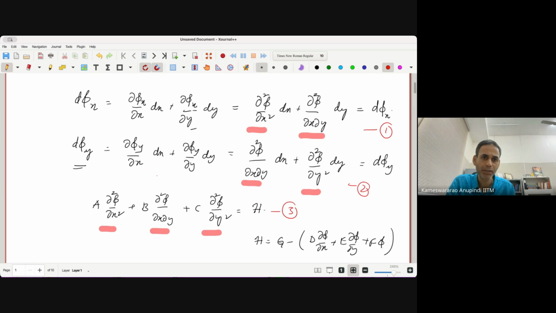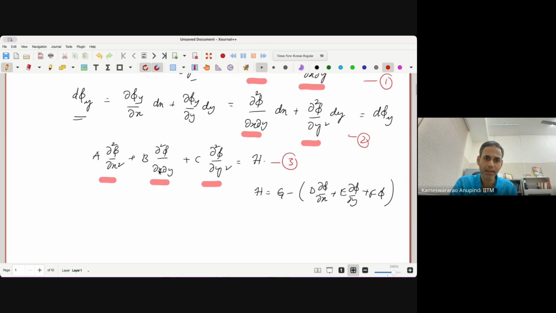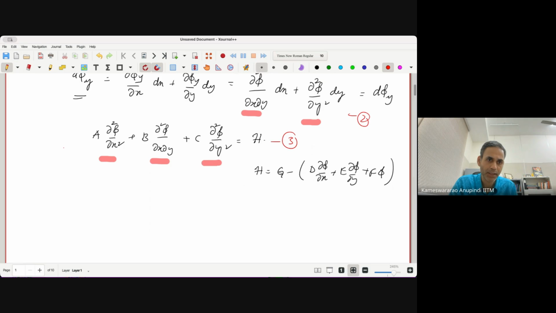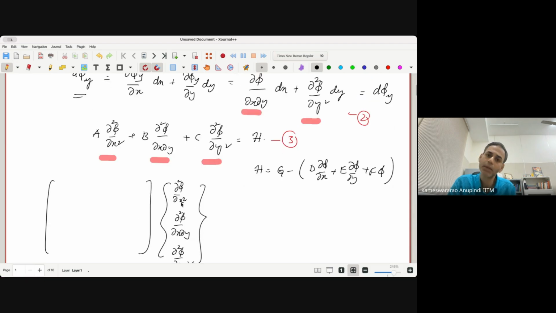So we can arrange these three equations in a matrix form where the unknown is the second derivative. That means we can write this as the matrix multiplied with ∂²φ/∂x², ∂²φ/∂x∂y, ∂²φ/∂y². Okay, so that's what we have.